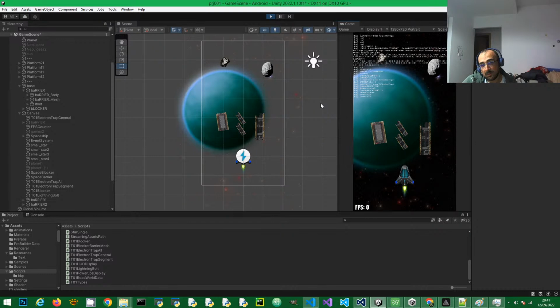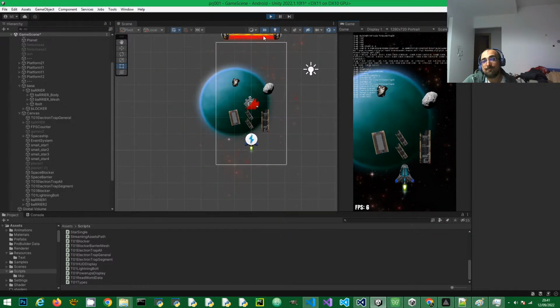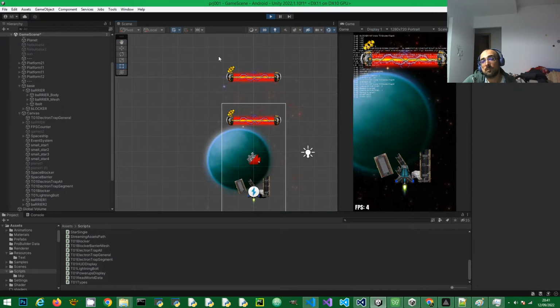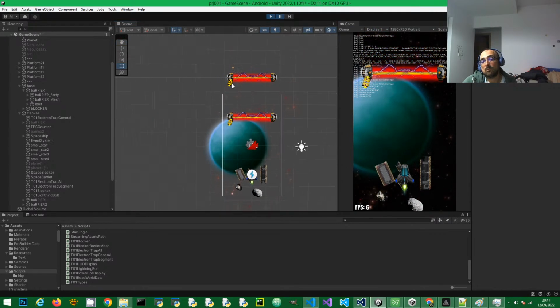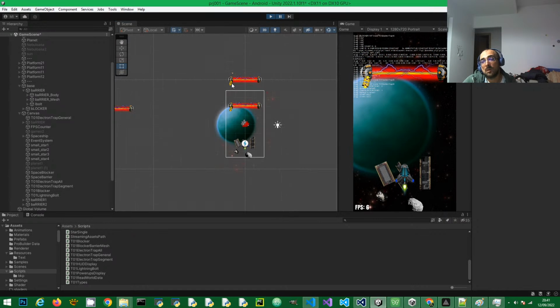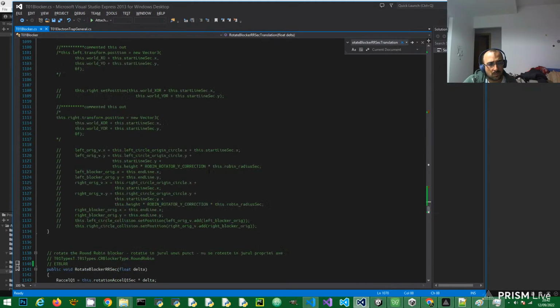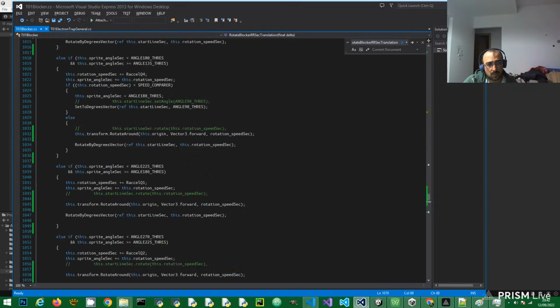I don't have it drawn here. It's a simple function. Rotate around the origin point, the pivot, the axis, in our case the z-axis, and the speed, of course. Okay, so we have these.